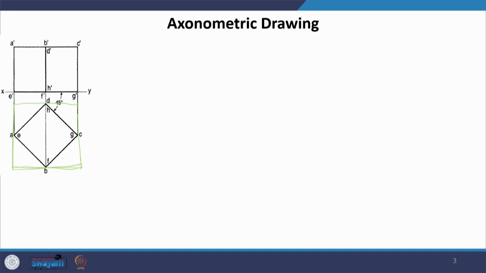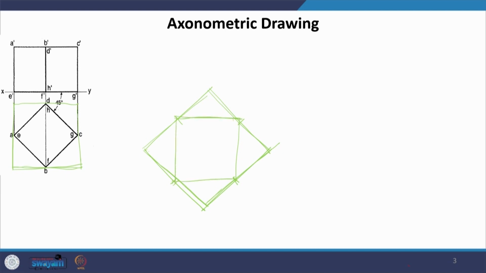So, if I have this line which is a reference at 45 and another one at 45. So, this is again the enclosing square which we are getting here. And we could get this.